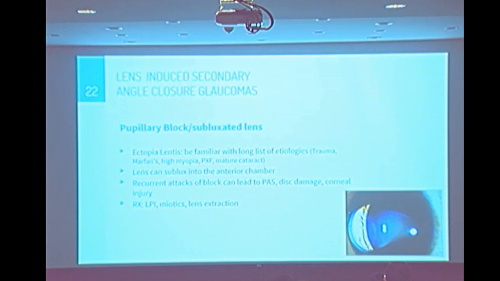But the definitive treatment is to remove the lens, whether through the pars plana, if the lens is in the posterior chamber or posterior segment. If the lens is dislocated into the anterior chamber, you can give miosis and go anteriorly and aspirate the lens matter. Usually they are clear lenses.